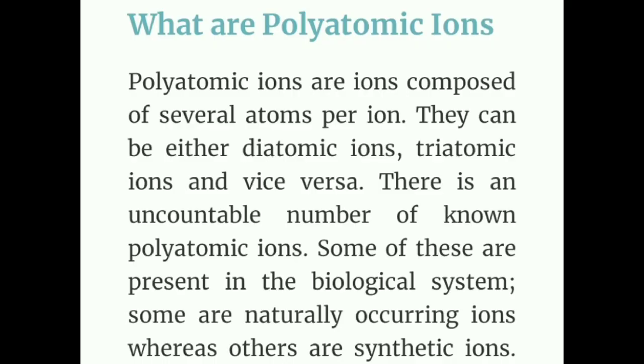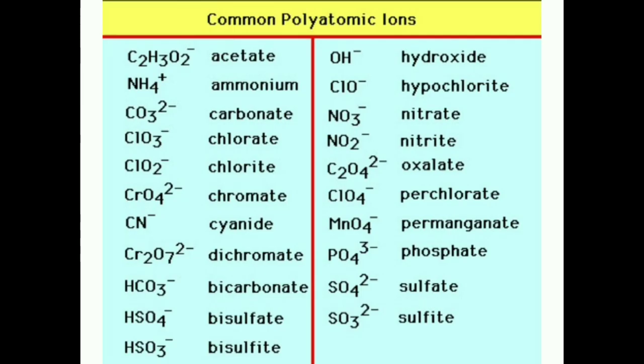Now, what are polyatomic ions? Polyatomic ions are ions composed of several atoms per ion. They can be either diatomic or triatomic. There is an uncountable number of known polyatomic ions. Let us see the examples. If we take, for example, the ammonium ion, it is composed of nitrogen and hydrogen.